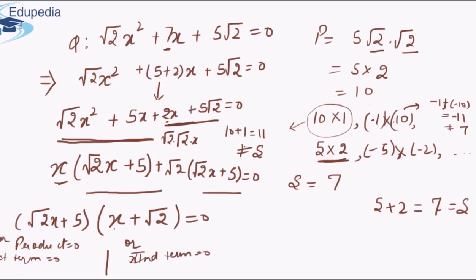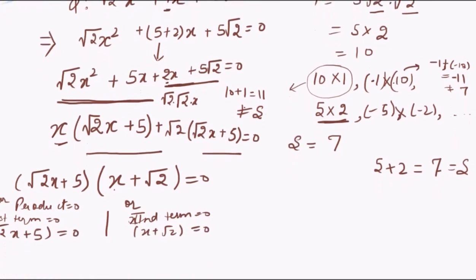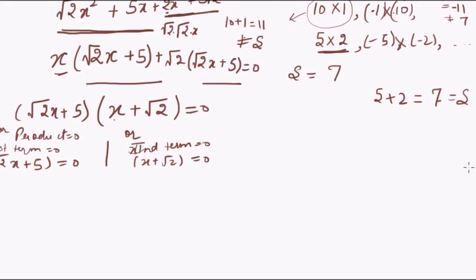That is, √2x + 5 is either 0 or x + √2 is 0. This will give us x = -5/√2, whereas this part will give us x = -√2.